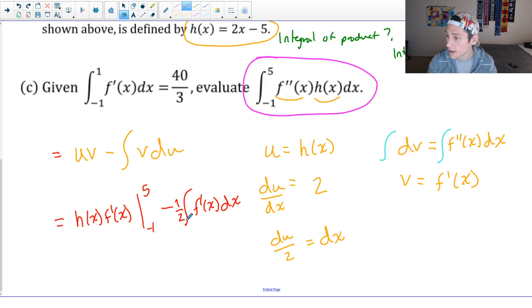Okay, so I'll have that 1/2 in front. Wait a minute. Hold up. That's the wrong way to think about it. Okay, now that's fine. Du over dx.